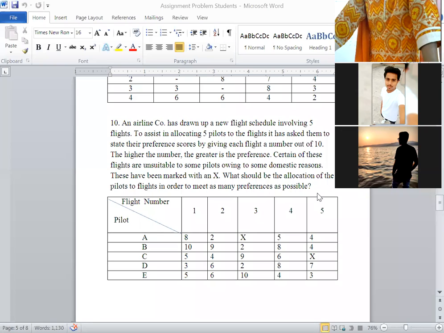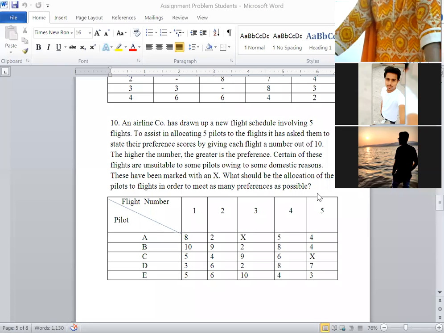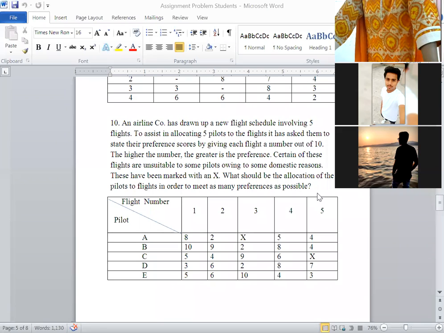Shruti. Yes, ma'am. What are the steps required for Hungarian method after verifying the given matrix is balanced matrix? We have to do row operation and column operation. Row operation, how to perform, Shruti?